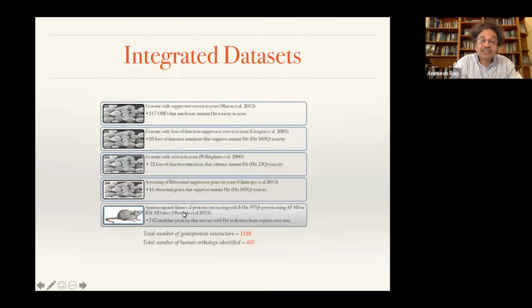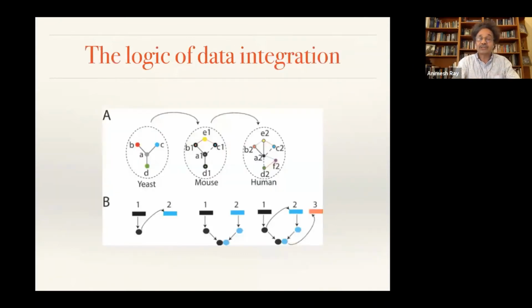In mouse, they did similar experiments in which the human toxic protein was expressed, and then they found which proteins in a mouse brain physically interact with the human toxic protein. So using mass spectrometry, they identified these proteins. So what Sonali did is use this kind of formalism.